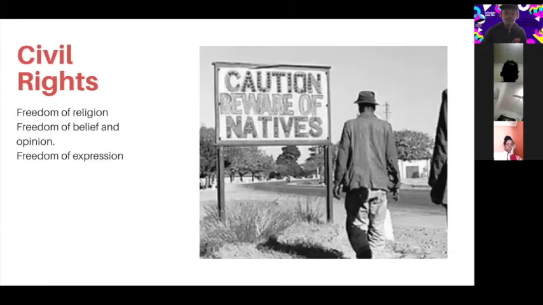The second grouping are civil rights, okay? So that's stuff like my right to religion, my right to believe anything I want. So you have a right to believe the world is flat. So the cool thing about rights is that you don't get to call what you believe in a fact.